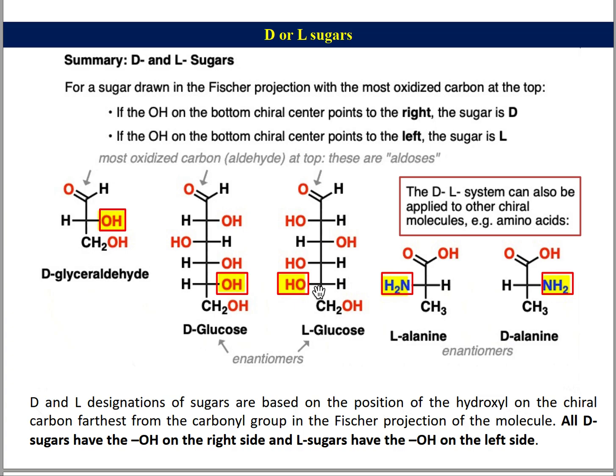So this is D-glucose and L-glucose. These two are mirror images, because they are enantiomers.